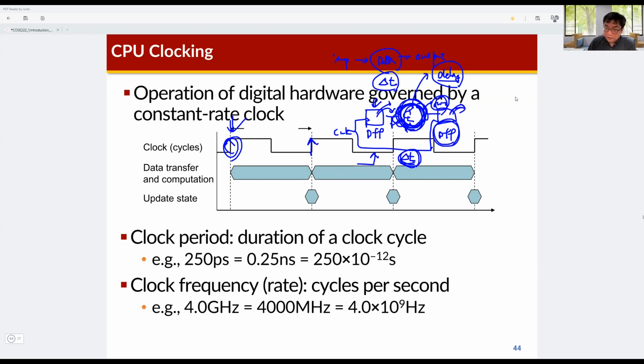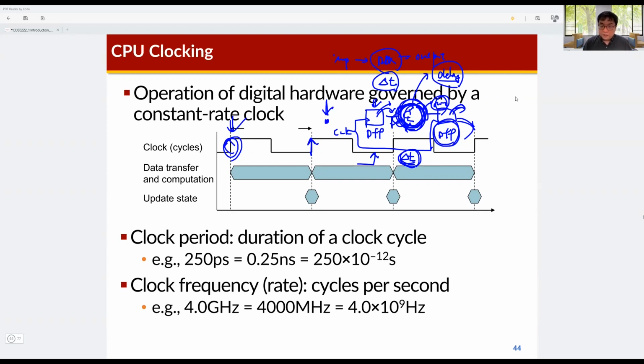If the output is generated here, then this D flip-flop will sample incorrect output signals, because the correct output signals will be created here.